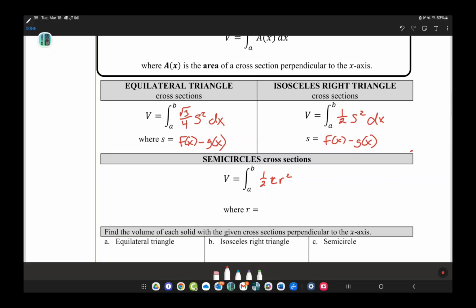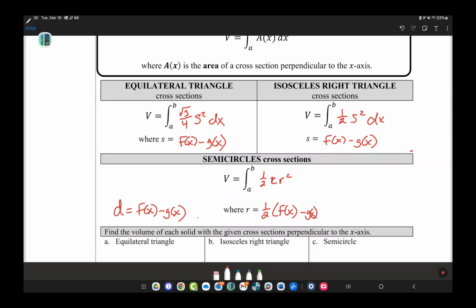The diameter is f of x minus g of x. And what is the radius? Half of that. So 1/2 of f of x minus g of x.